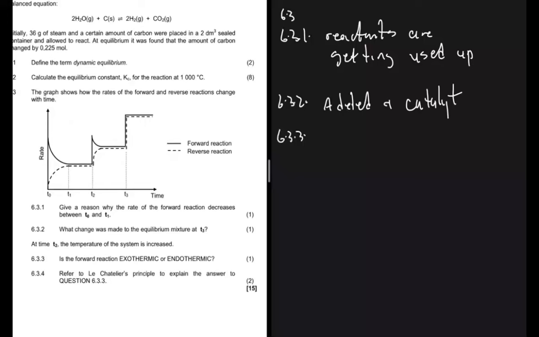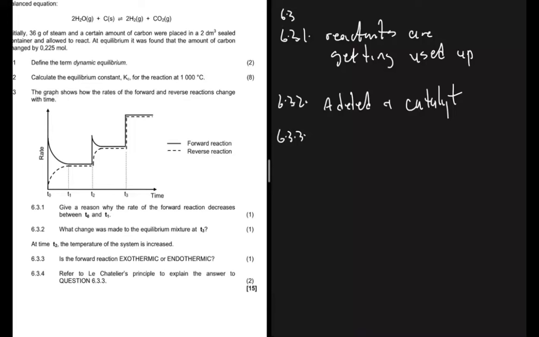6.3.3 says, is the forward reaction exothermic or endothermic? You can see that at T2, forward reaction shoots up, right? It goes up dramatically, and then it eventually starts going down because the reactants are starting to get used up. So at T2, the forward reaction is favored by the increase in temperature.